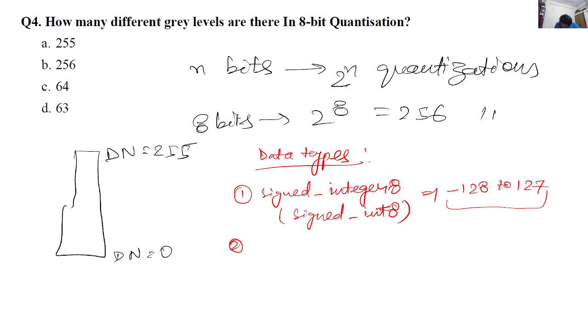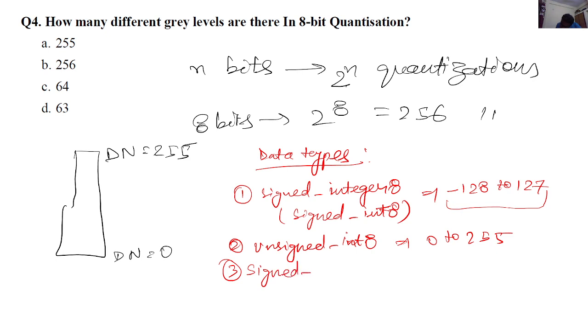Then there is unsigned int 8. From the next session, we will be doing some coding exercises, so you will understand it much better. So this will be 0 to 255. Then there will be signed int 16, meaning it is a 16-bit product.